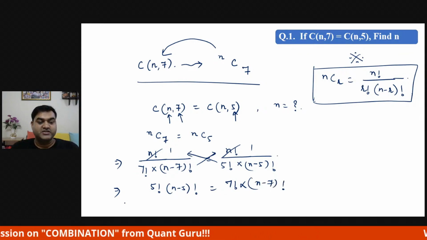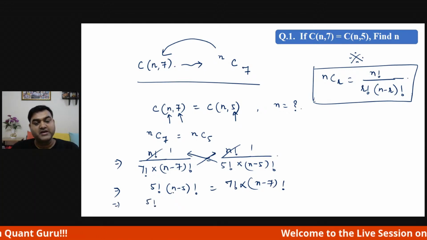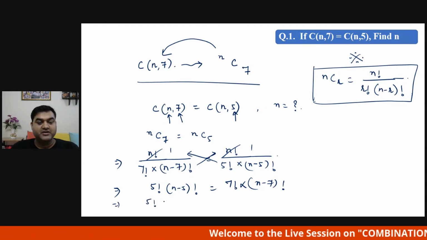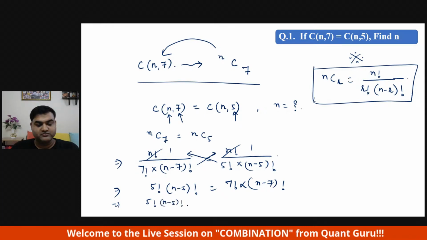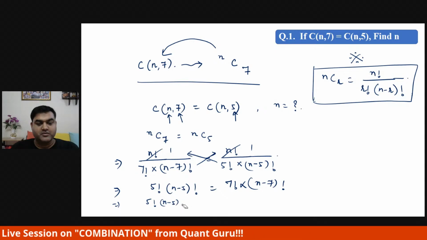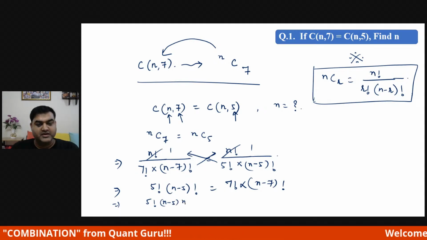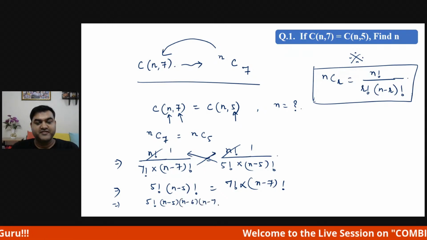Okay. Now this 5 factorial can be written as 5 factorial itself, and n minus 5 factorial can be written as n minus 5 into n minus 6 into n minus 7 factorial.